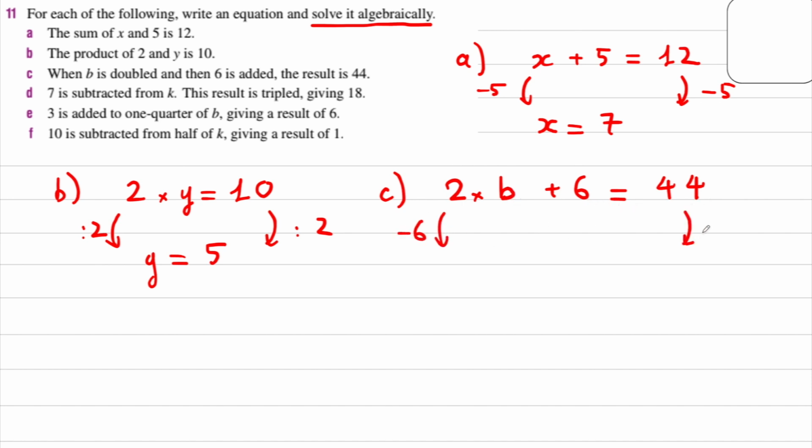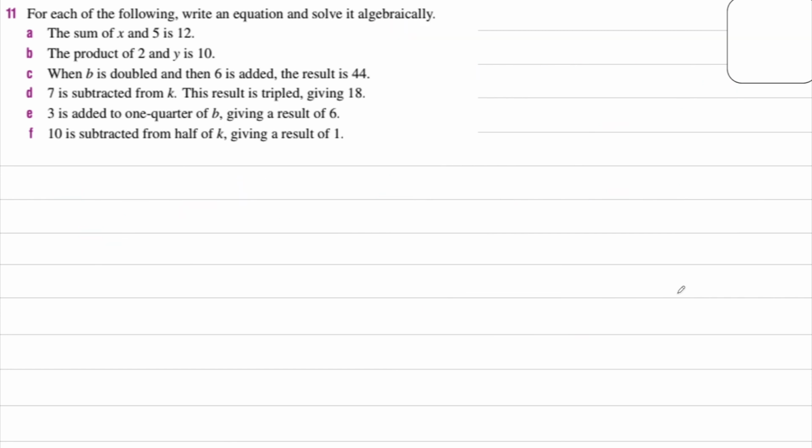Minus 6 first, and then you get 2 times B. The right hand side will be 38, and then divide by 2 to make B standalone. B equals 38 divided by 2, you get 19. Yeah, that is number C.